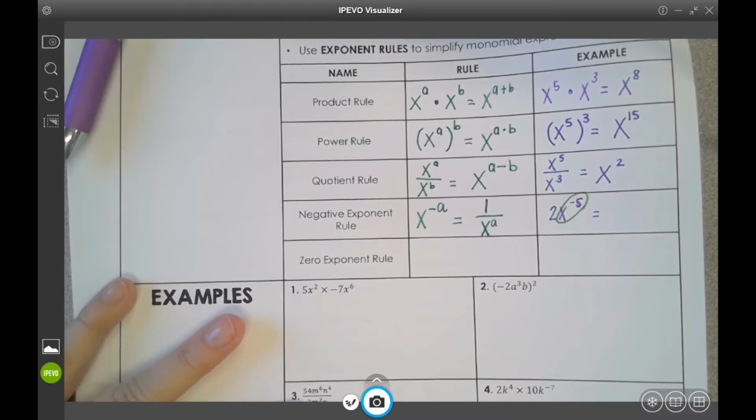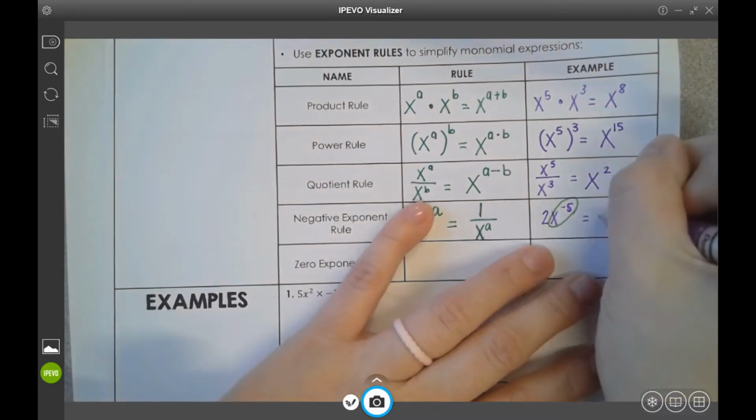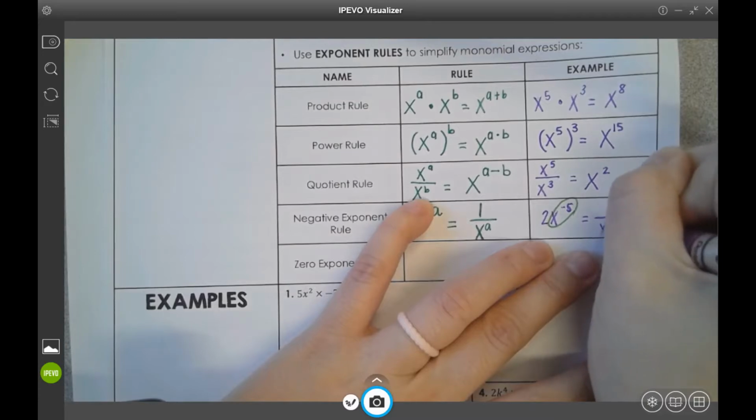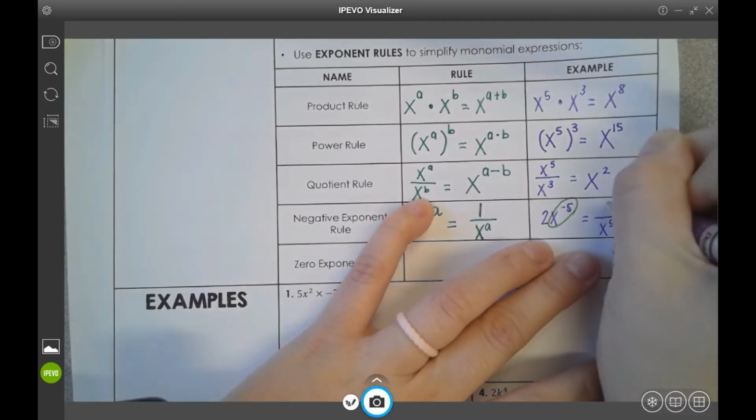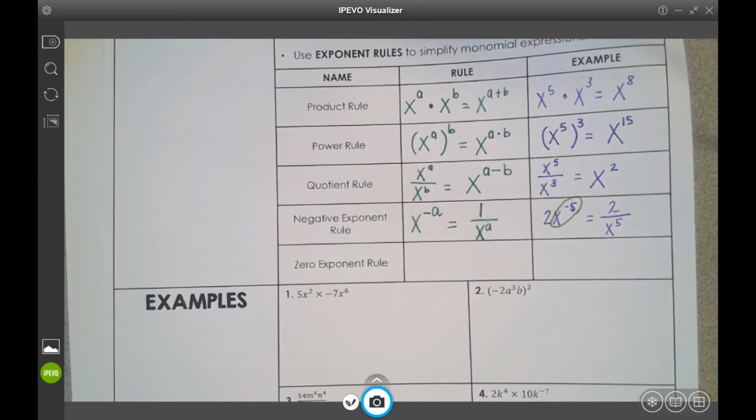The only time the 2 would move is if there were parentheses around the 2x, but there's not. So the x to the 5th goes to the bottom, and the 2 stays up top. So you put the variable on the bottom, and its exponent becomes positive.